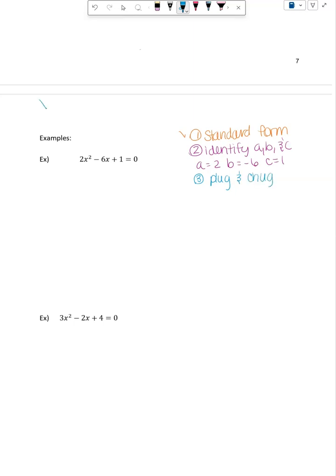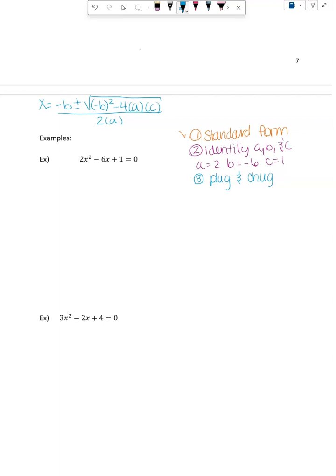Okay, quadratic formula. x equals negative b plus or minus the square root of b squared minus 4 times a times c, all divided by 2 times a.